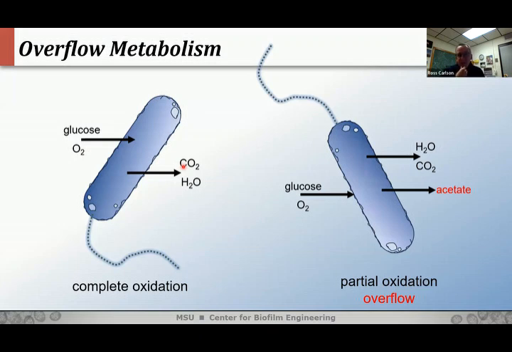Overflow metabolism is sometimes called the Crabtree effect or the Warburg effect, depending on which organism you're looking at. But what you're looking at is the consumption of glucose and oxygen, so an electron donor and electron acceptor. You get carbon dioxide and water, but you also get some partially oxidized byproducts. So major phenotypic shift. It's an area of a lot of scientific research.